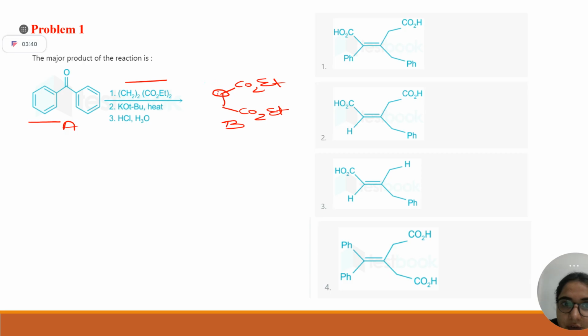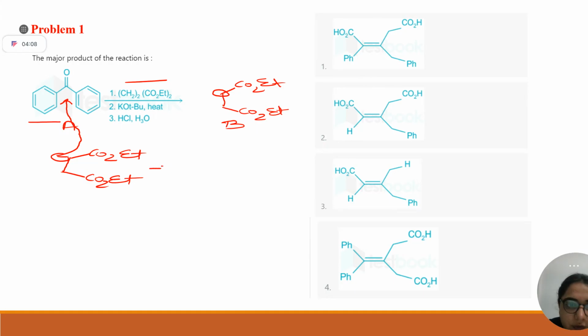So what will happen is that first the base will abstract the proton. And this carbanion, students, is going to attack your ketone, because there is no other possibility.